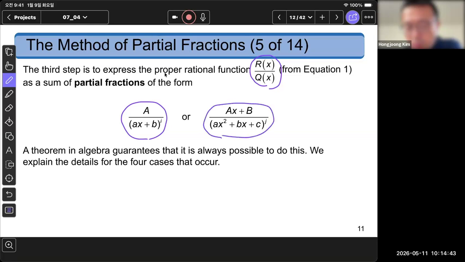Please note that when I have ax plus b to a certain power in the denominator, then you must have just a single numeric value a in the numerator. When I have a certain power of an irreducible quadratic factor in the denominator, I will allow only a linear term, ax plus b, in the numerator. I will talk about this in more detail after the break.